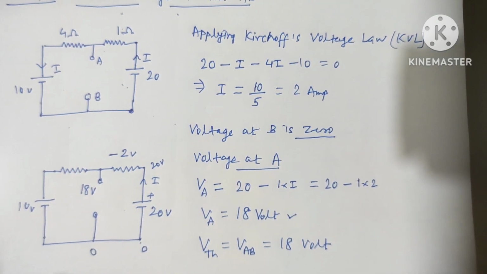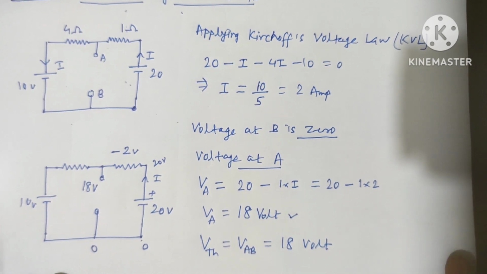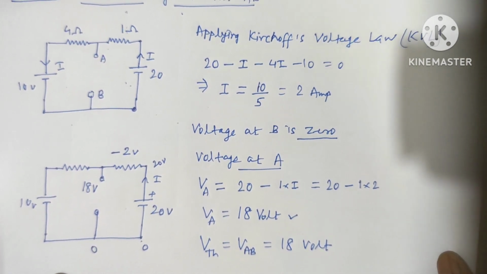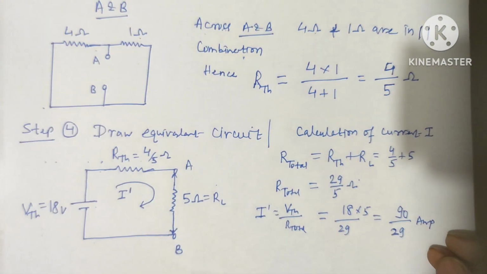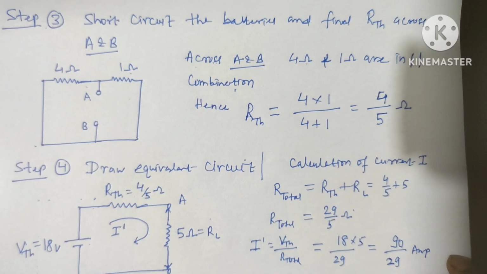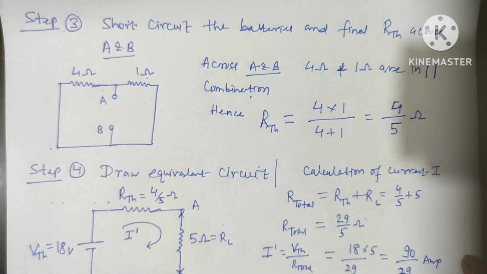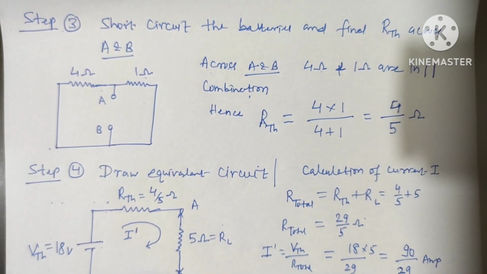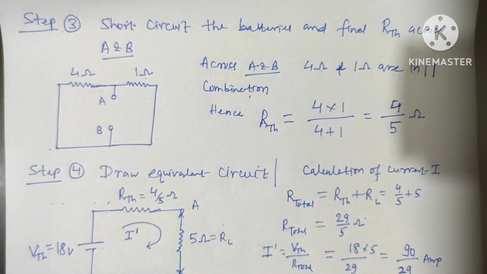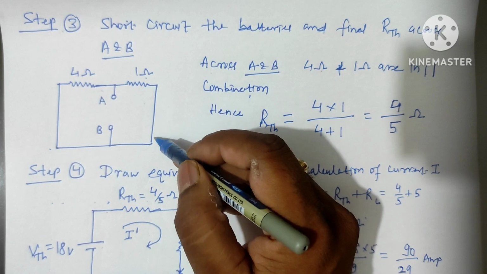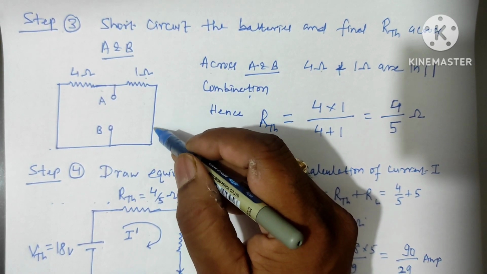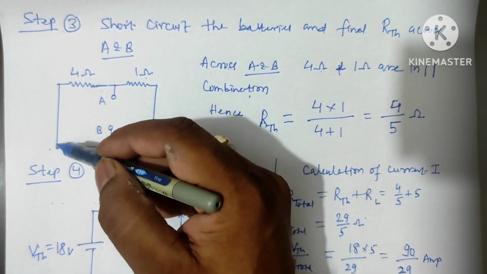Now we have already applied step 1 and step 2, and we have solved Thevenin voltage or V Thevenin. Further, I am using step 3. Step 3 says short circuit the batteries and find RTH across A and B. So what I have done is short circuiting here. Earlier here was a battery of 20 volt and here was a battery of 10 volt.